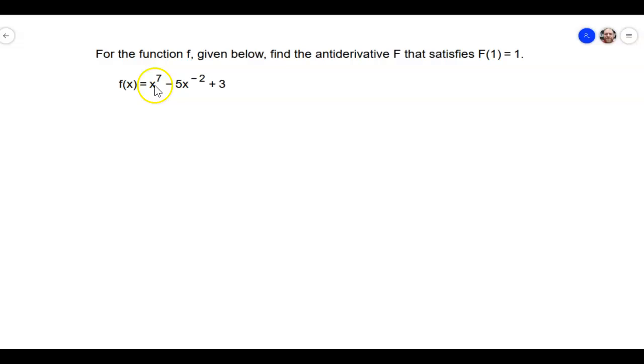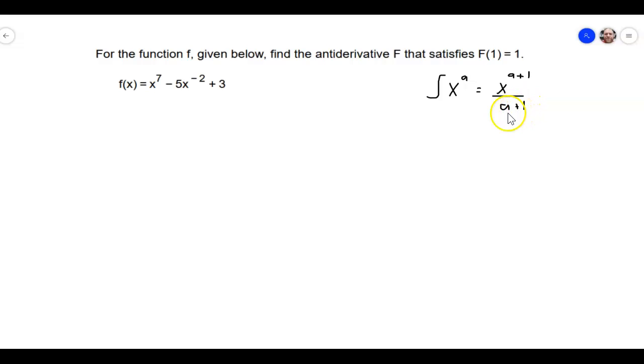This is really just finding three different antiderivatives, and we're going to use the power rule for antiderivatives. When we find the antiderivative of x to the a, that's going to be equal to x to the a plus 1, all over a plus 1.